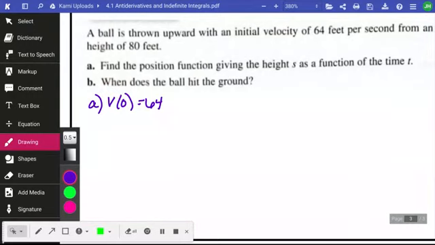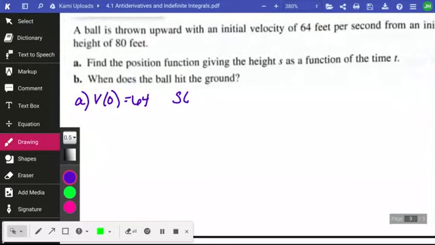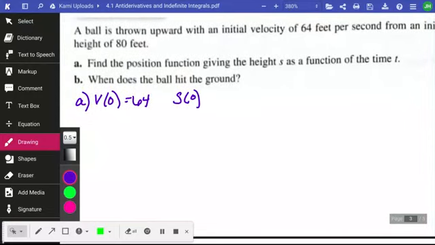That's important. That's an initial condition that we have. And we have an initial position as well, from an initial height of 80 feet. So s is your height. And so we have 80.